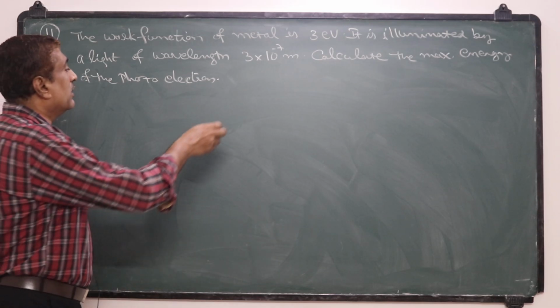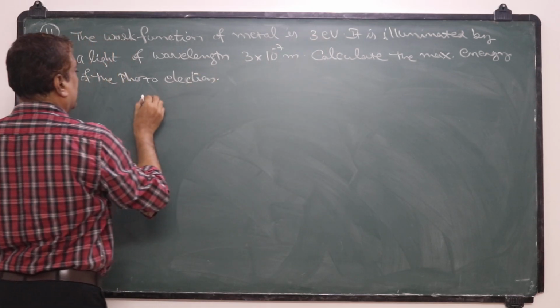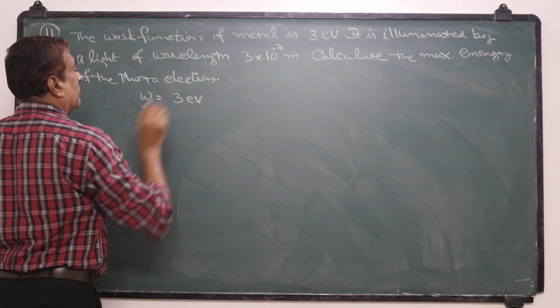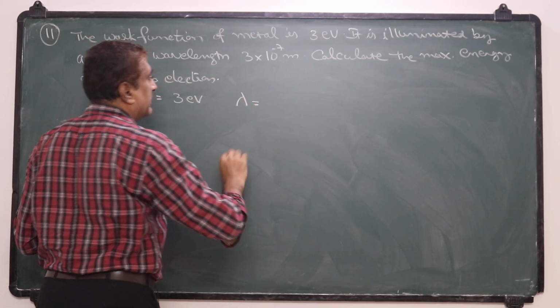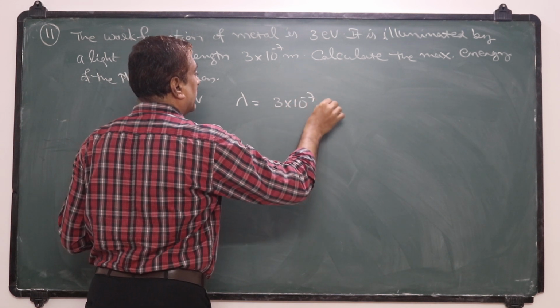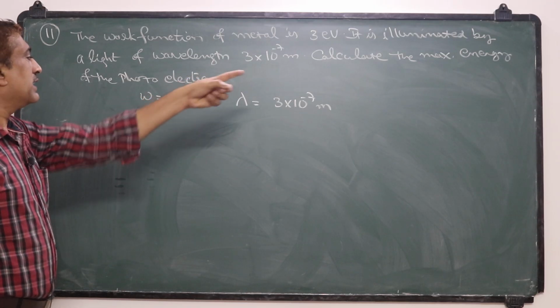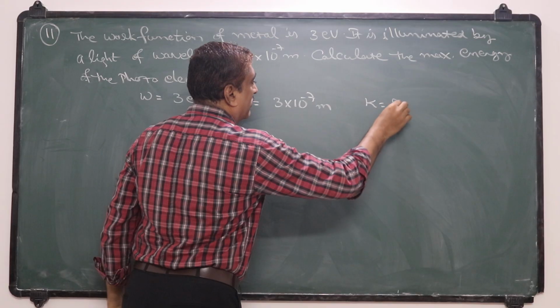Now, given that the work function is 3 electron volts, that means W is 3 electron volt and the wavelength of light incident is 3 into 10 power minus 7 meter. These two are given and we have to calculate the maximum energy of the electron. That means kinetic energy is equal to question.